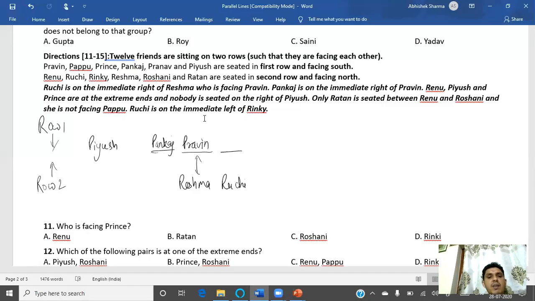So there can be 1, 2, 3, 4, 5 or one person sitting in between, so we can check whatever is the situation. He is saying that Renu, Piyush and Prince are at the extreme end and nobody is seated right of Piyush. So if Piyush is here, that means Prince must be here. Okay.